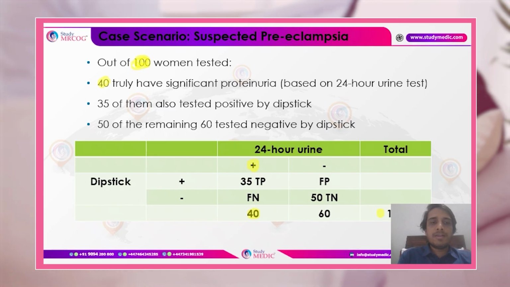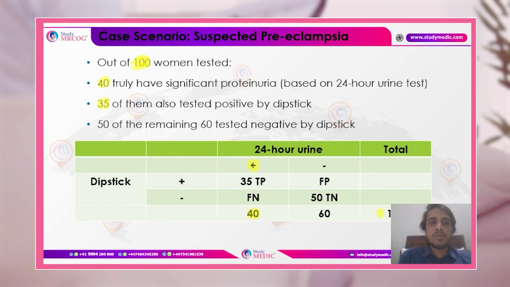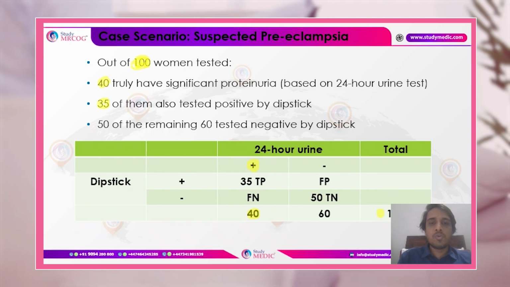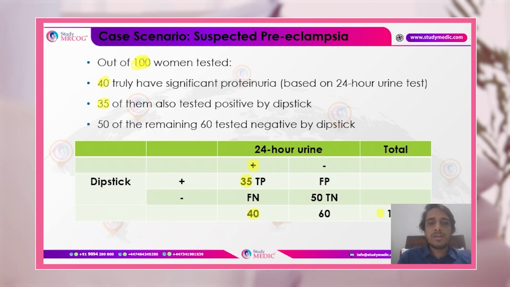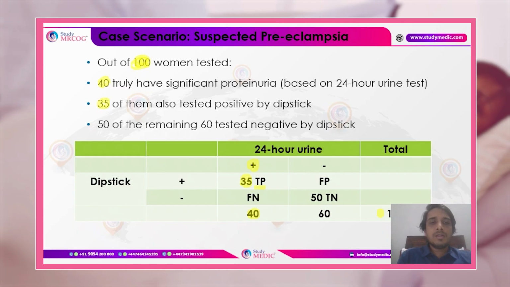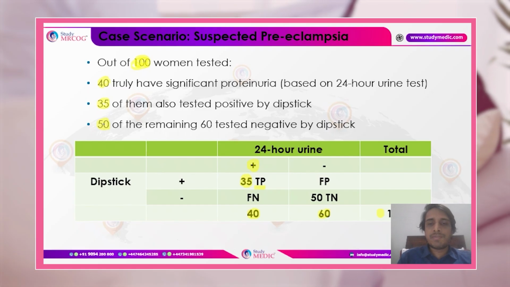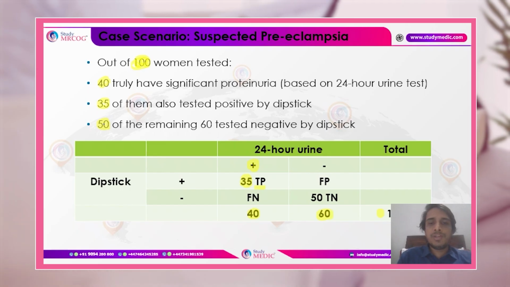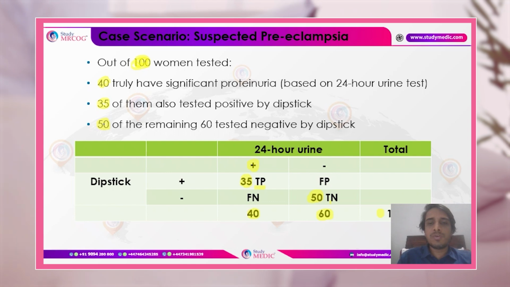35 of these who have significant proteinuria also tested positive by dipstick. That means it is a true positive finding. Now 50 of the remaining 60, so the remaining are 60, 40 plus 60 is 100, 50 of the remaining 60 tested negative. That means they are true negative.